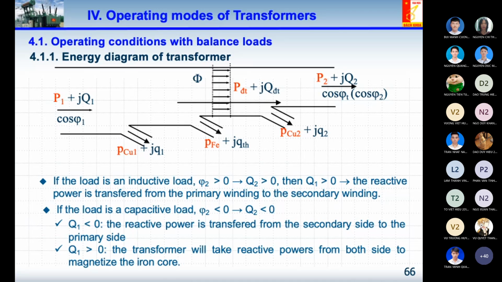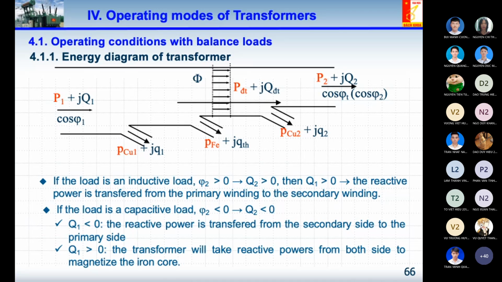So why is that? If you remember the case of last week when I was teaching you, if you look at the vector group, you can see that when the transformer is connected to the capacitive load, U2 is always bigger than the electromotive force.